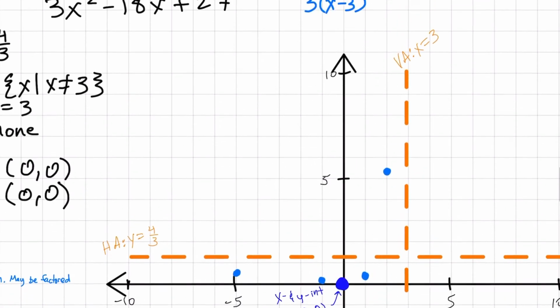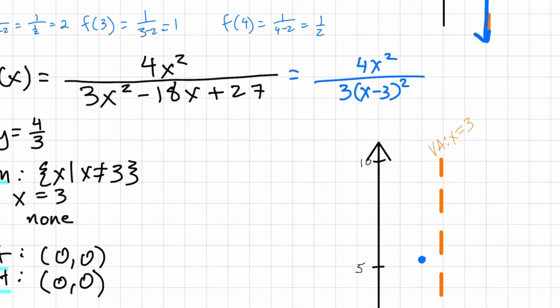Now, why is that mathematically? Well, remember, how do we find our x-intercept? Well, for our x-intercepts, we set the numerator to be equal to 0. So when I set the 4x squared to be equal to 0, notice that's basically like finding roots of a polynomial.